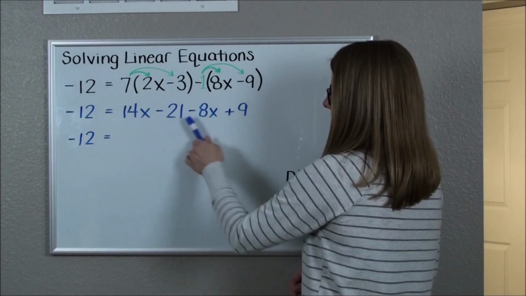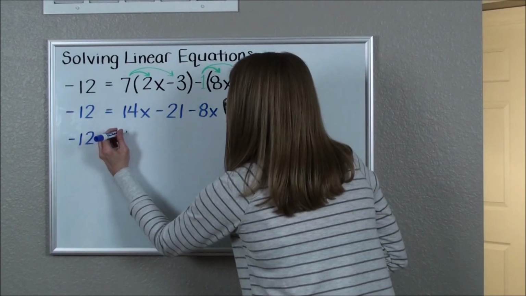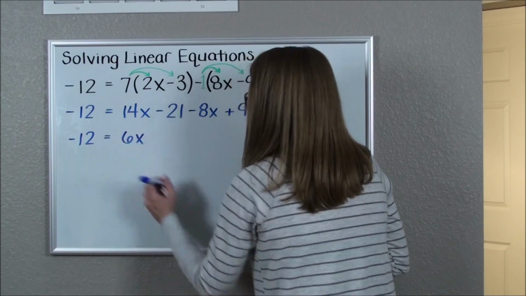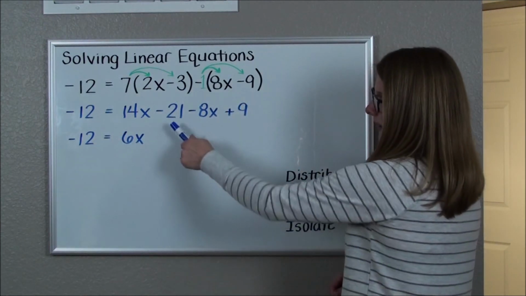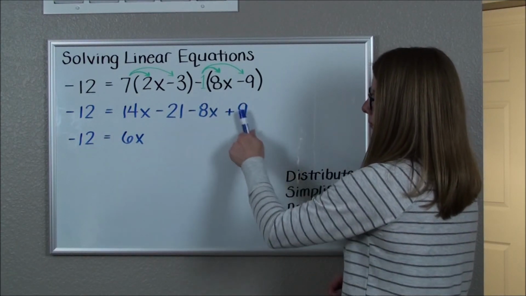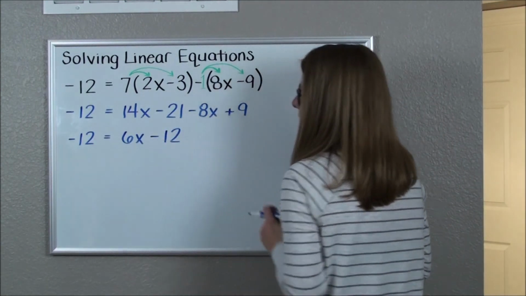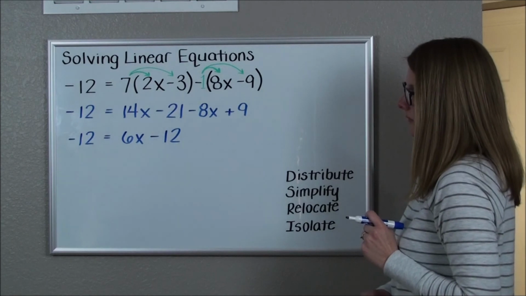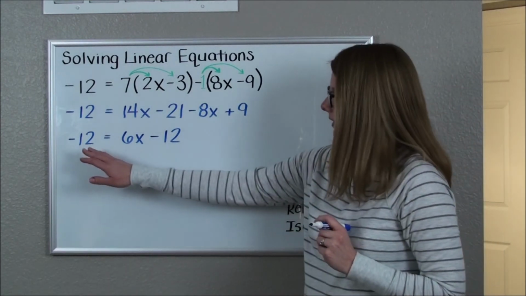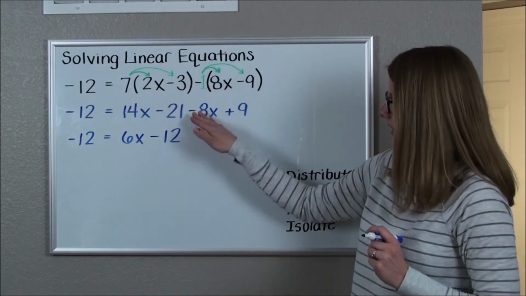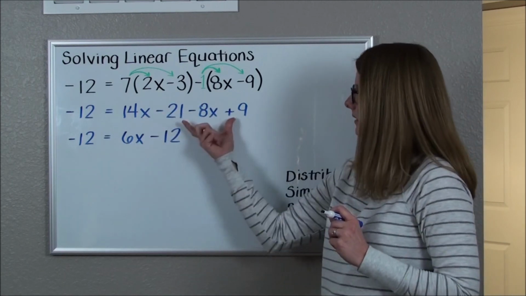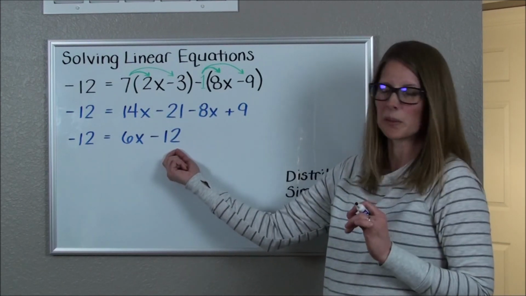If I have 14x minus 8x, that's going to leave me with 6x. If I have negative 21 plus 9, that's going to leave me with negative 12. So now I've got all the parentheses gone, and I've combined my like terms, cleaned things up a bit.